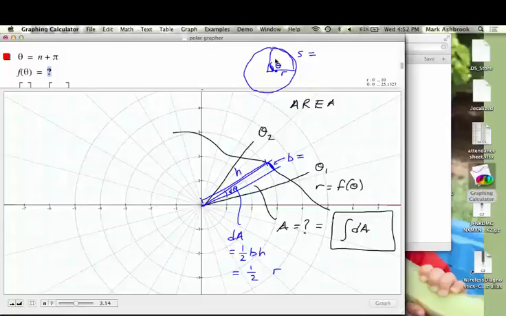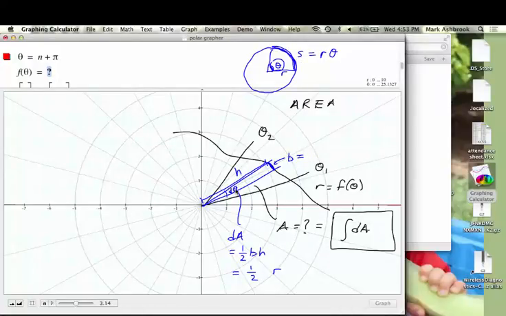If that's radians, that's the number of radius lengths. Theta is the number of radius lengths. So how do you calculate S? It's r theta. Theta is the number of radius lengths, and r is the length of one radius, so the length of S is the number of radius lengths times the length of the radius.